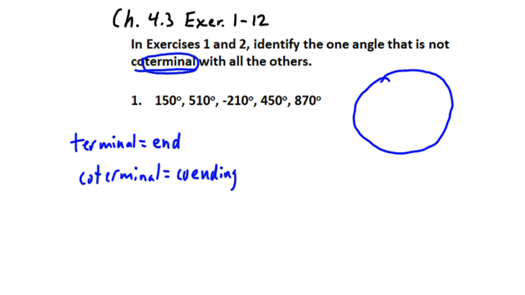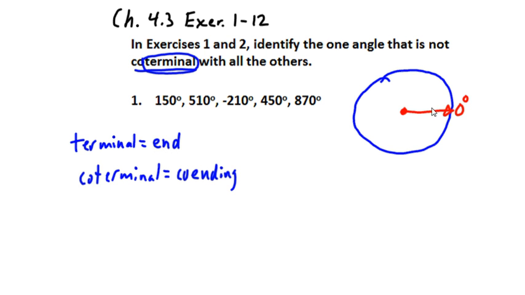To understand the way angles work, when you start out in a standard conventional circle, you're starting at an angle of 0 degrees, 0 radians, and you're rotating.